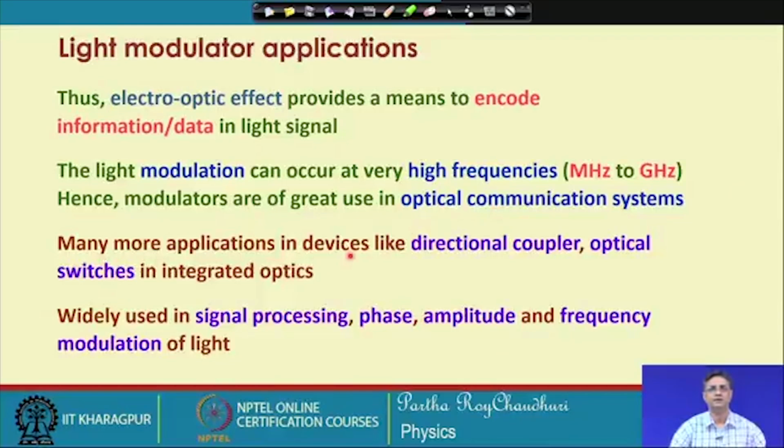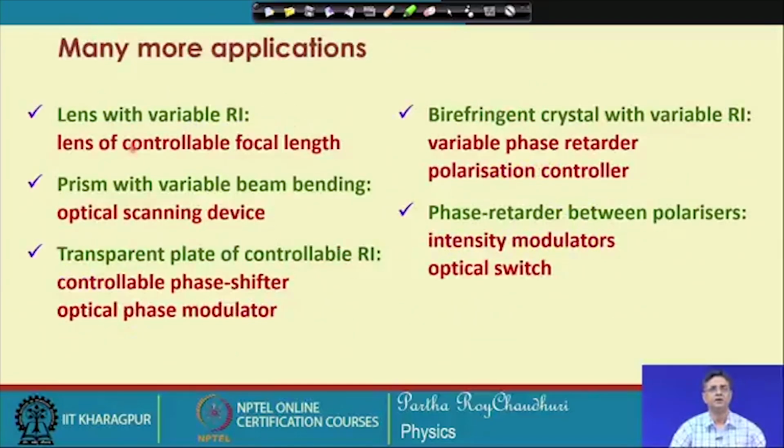Many more applications in devices like directional couplers and optical switches are also commercially available in integrated optics. And this electro-optic effect is used in signal processing, and in phase, amplitude and frequency modulation of light. We will study some very interesting example cases in the following sections.